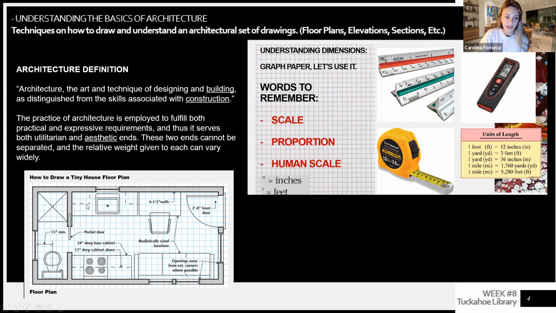And the dashed lines are actually representing what is above this cut area, because you are still able to see what's above. You need to represent that. So usually you go with the dashed line, and it's ideal that you represent that with a leader line telling you what those are. So in this case, it says 12 inches deep, cabinet above.